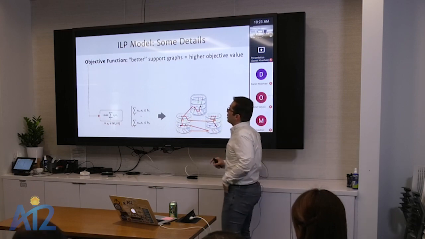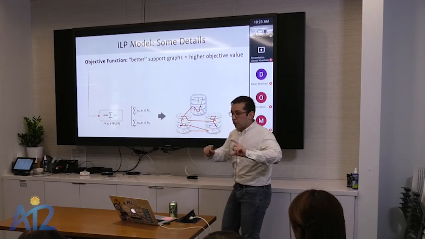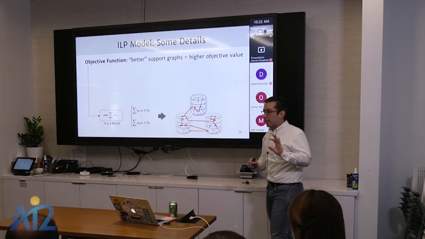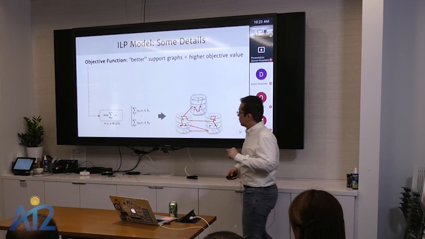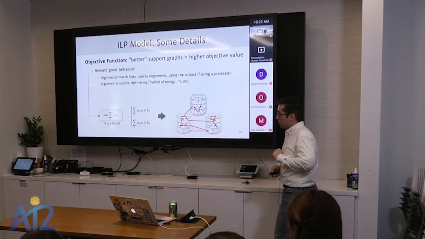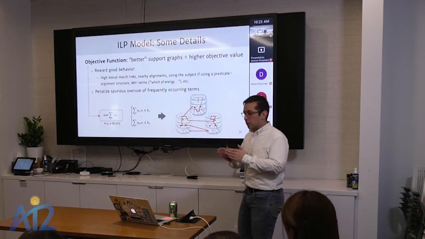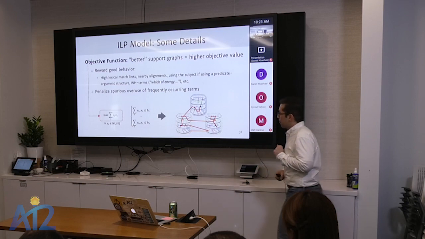Your objective function encodes the intuition that you want to give more weight to those proofs, those explanations, that have better support. You want to give more weight to stronger connections and well-supported arguments, and you want to penalize your system for weaker, spurious connections.